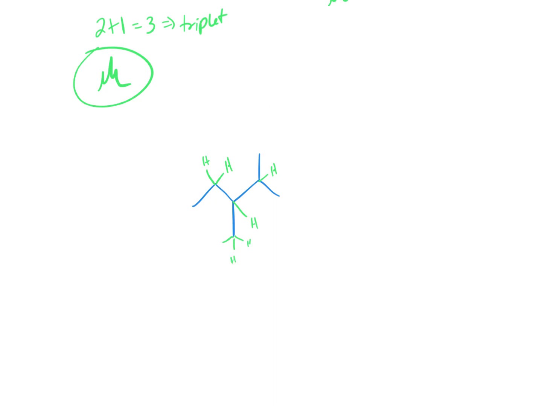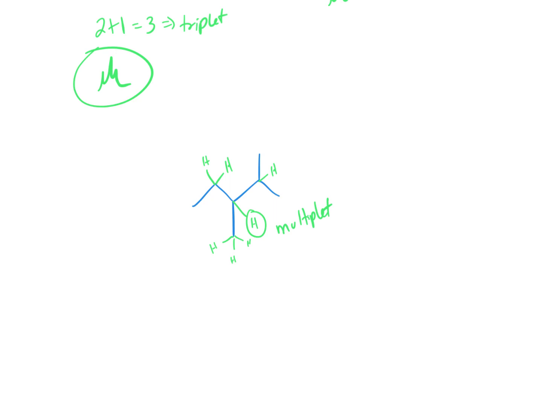So that's a lot of splitting. So at this point, I would call this a multiplet. That just means that we've got lots of different types of hydrogen that are splitting those hydrogen patterns. Okay, so try not to get confused with the splitting patterns. Realize that you can get a lot of information and then attack the splitting patterns.